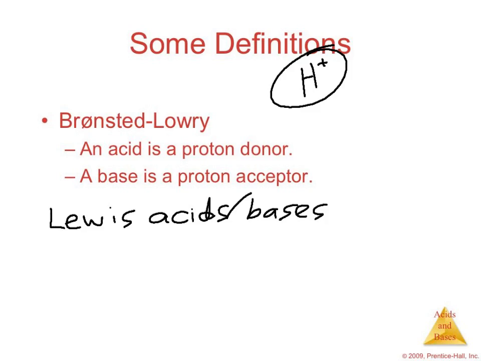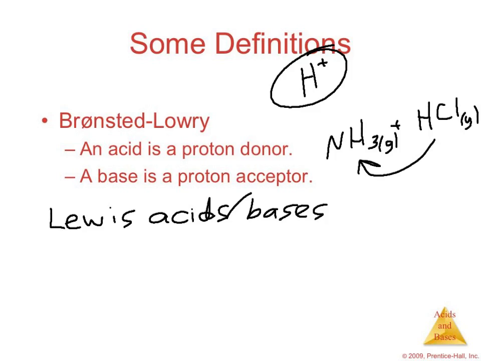So again, you've got NH3, and you react that with hydrochloric acid, HCl. Bronsted-Lowry doesn't limit it to being in solution, so these could both be gases, and we would still consider this to be an acid-base reaction because the H+ moves to the NH3, so now you end up with NH4+ and Cl−.